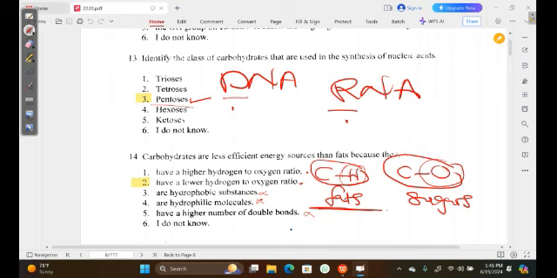Now in relation to hydrogen to oxygen ratio, we know that fats have a very low oxygen to hydrogen ratio because they contain the majority of this in the tail. Fats contain hydrocarbon chains, and sugars will have a hydroxyl group.